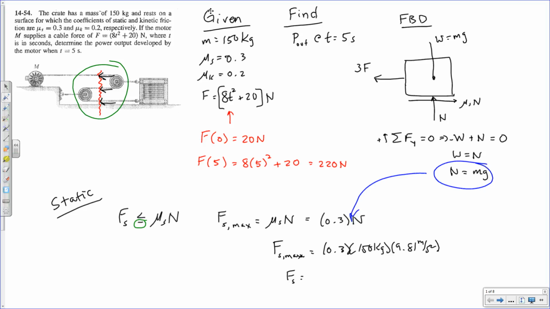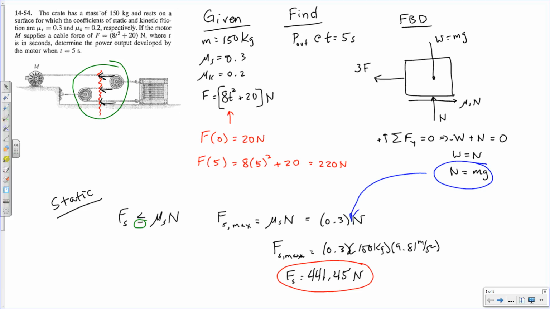So 0.3 times 9.81 times 150, I get 441.45 newtons. This is the maximum that our static friction force can be. Our static friction force cannot be any larger than 441.45 newtons.